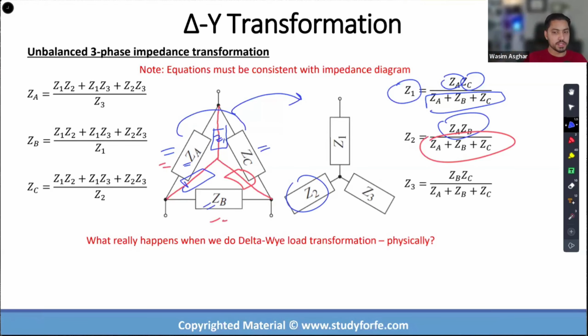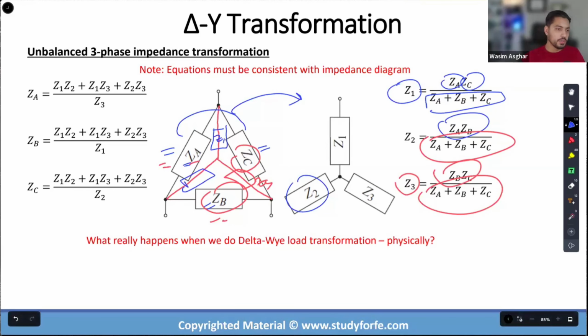They just simply throw equations at you, and they can take you for a ride by not giving you these variables, and you have to then figure out, which is, I think, fair game. For Z3, this is my Z3. It is squeezed in between B and C. So B and C in the numerator and the sum in the denominator. And you can use the same approach, same logic going from right to left, if I have been provided, right?